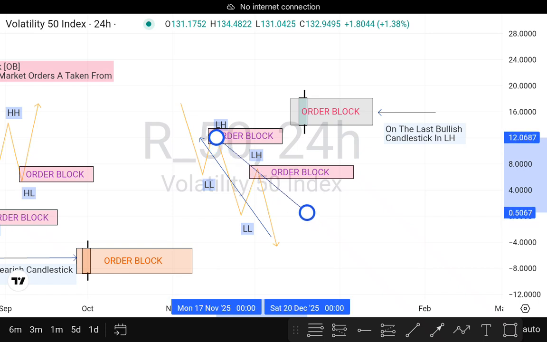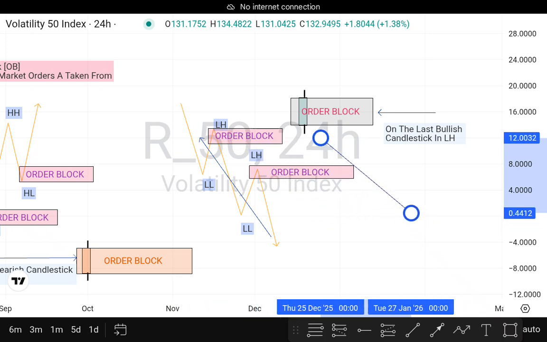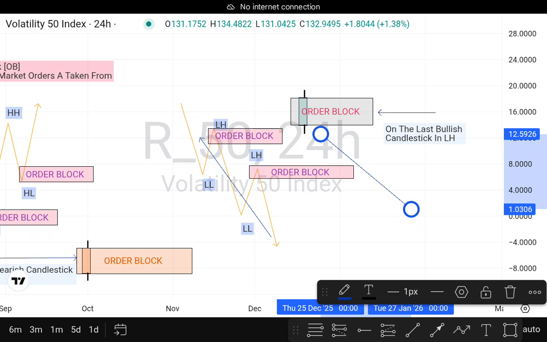Then on this lower high, you look for the last bullish candlestick that was formed, and you mark only one candlestick, guys. Remember, only one candlestick. That's how you see your order block in a downtrend movement, guys.